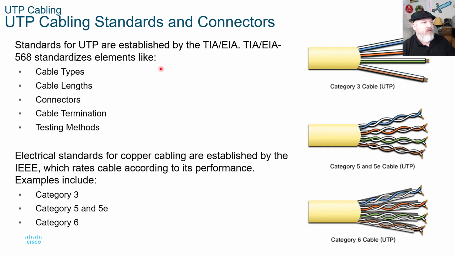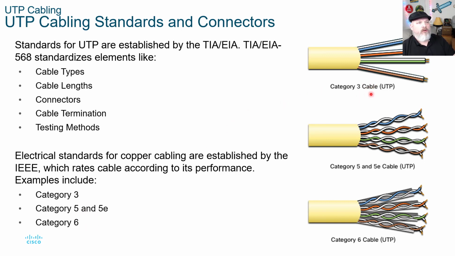Now, UTP cabling standards and connectors. There are governing bodies for standards. The standards for UTP are established by the TIA/EIA, and that's the 568 standard. It standardizes cable types, cable lengths, connectors, termination, and testing methods. The electrical standards for copper cabling are established by the IEEE, which rates cable according to its performance, whether it's Cat 3, Cat 5, Cat 5e, Cat 6, or beyond.